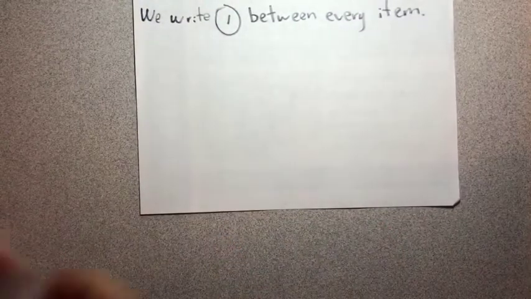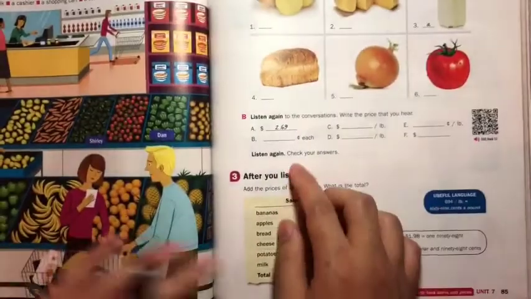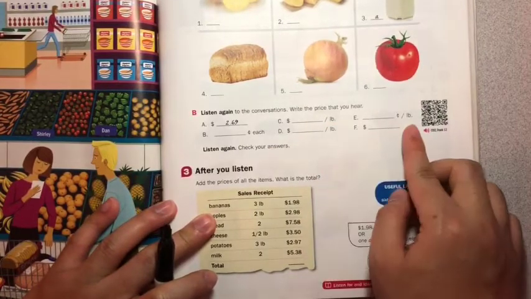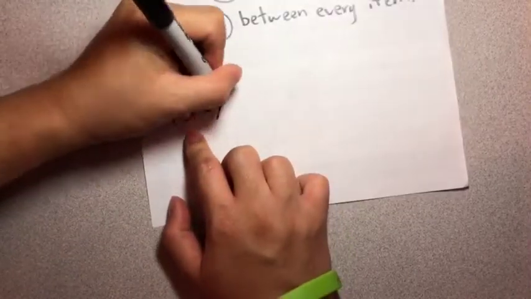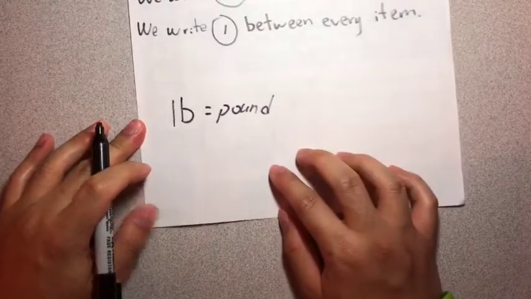Now let's talk about LB. In your book, you see the letters LB here. The letters LB stand for pound. It's how heavy something is.